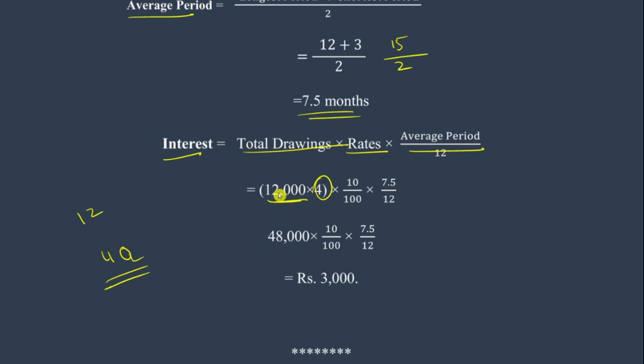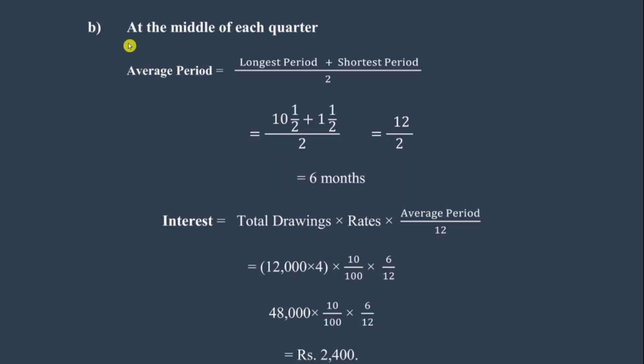So in 1 quarter he will withdraw 12,000, and for 4 quarters he will withdraw 48,000. You have to multiply, that's it. Next, into 10% into the 7.5, that's the average period in months. If you calculate that, 48,000, the zeros cancel, and 480 into 10 into 7.5 divided by 12 will be 3,000 rupees.